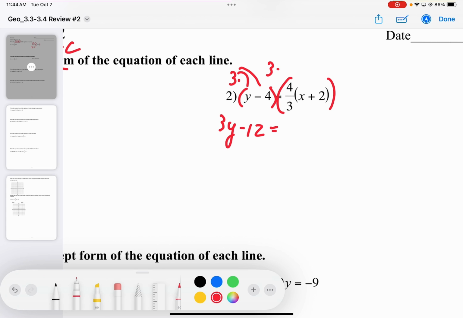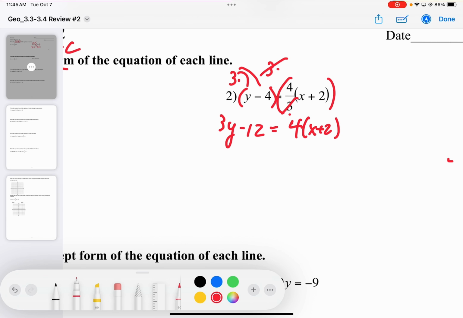Well, I'm not actually going to multiply it by what's inside that parentheses. Right now, I have the term outside the parentheses multiplied by the set of parentheses. What I could do is just multiply the 3 and the 4/3 together. So 3 times 4/3 is going to give me what? My 3's would cancel out there, right? So really, I would just get 4, and then I'm going to multiply the 4 by what's inside the parentheses, okay?